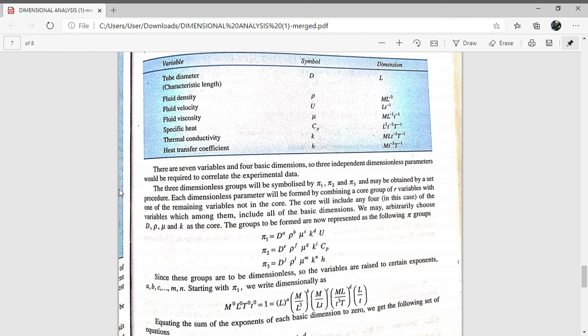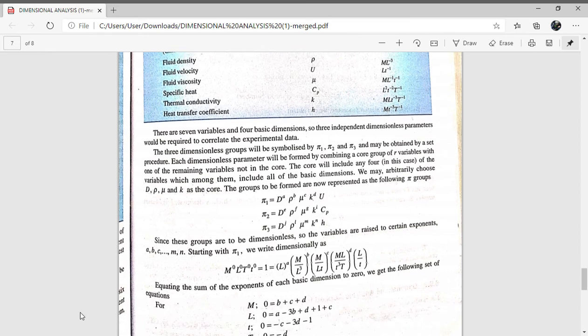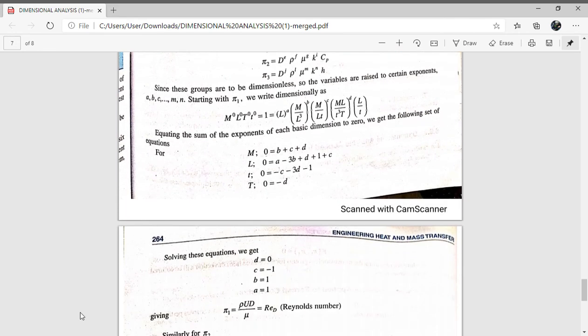In the first pi term, the dimensions of the pi term, it is a non-dimensional number, so there are no dimensions. It means M to the power of 0, L to the power of 0, and T to the power of 0 equal to L to the power of a, and density M by L cube to the power of b, and dynamic viscosity M by LT to the power of c, like this.